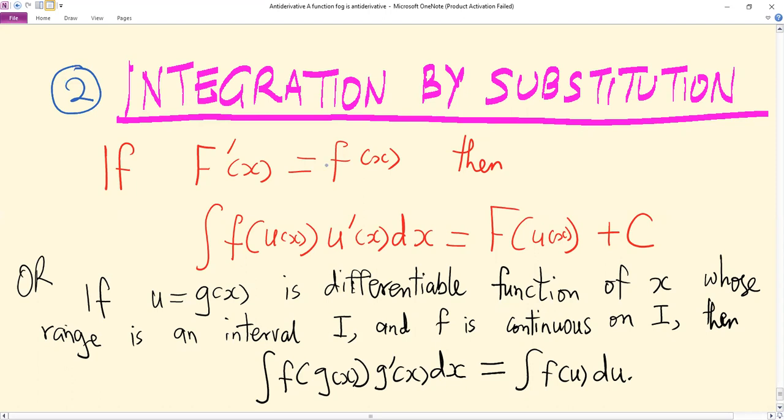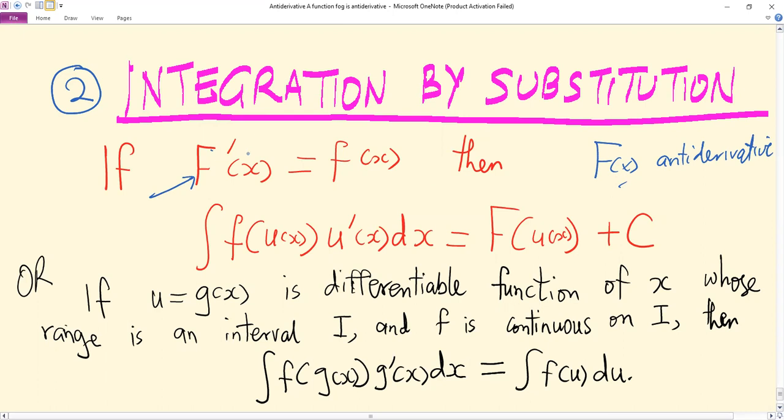So if the derivative of a function f of x exists, remember this capital F of x is what we use to denote the function whose derivative is the function small f of x.